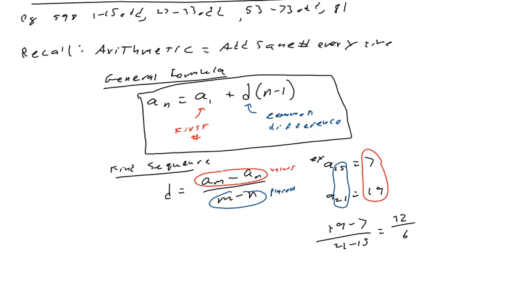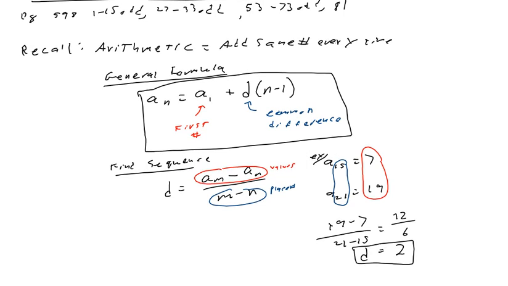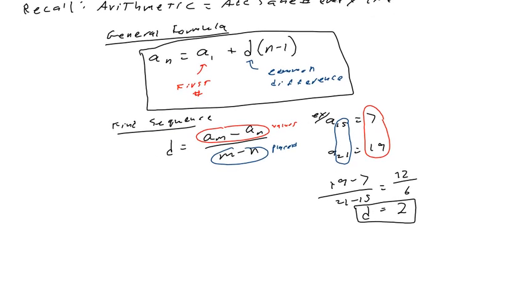So the common difference there is going to be 2. That means we are adding 2 every time in this example. So you have the top numbers, the values, divided by the place values, how far apart they are. We started with the 15th, we got to the 21st, so find the distance. That was a useful equation.